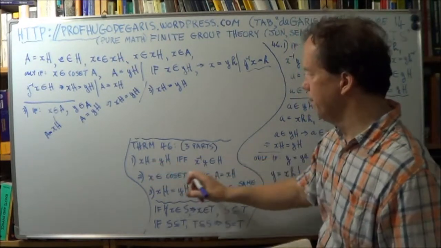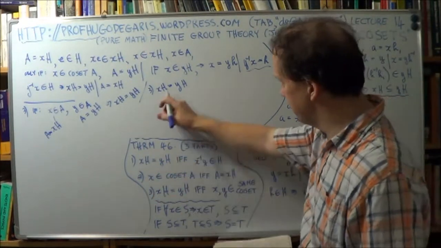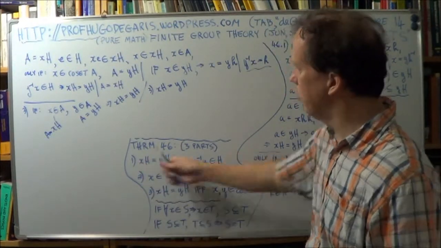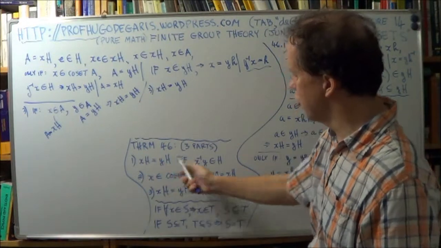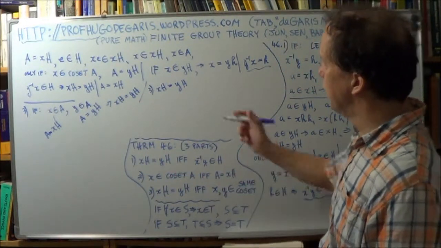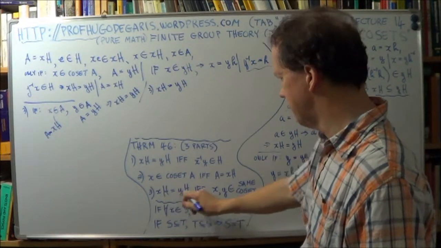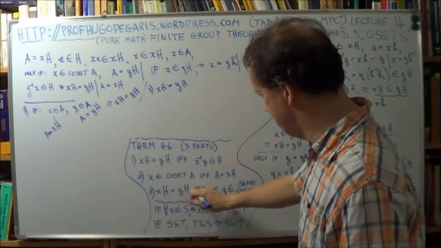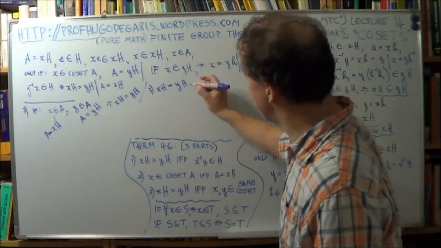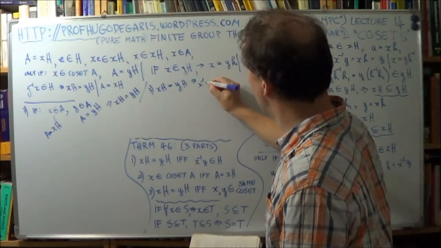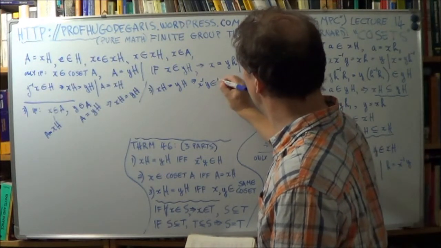Now we can use part 1, right? So if that's true, now part 1 is an if and only if, so it goes both ways. So if this is true, that's true, right? So if we're told this, we can put this into here and deduce. So from this we know that x inverse y belongs to h.